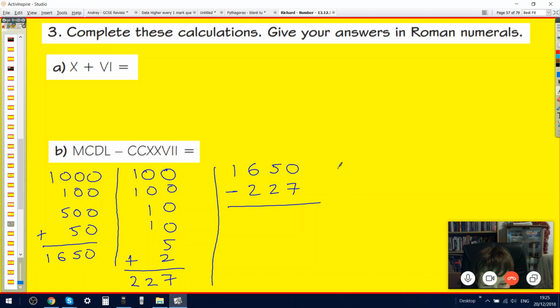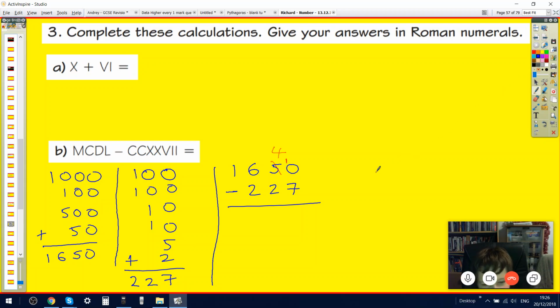Right, so you can't do 0 minus 7, so you need to cross out the 5 and place a 4 on top here, and then you need to carry the 1 over to the 0, and that becomes 10.